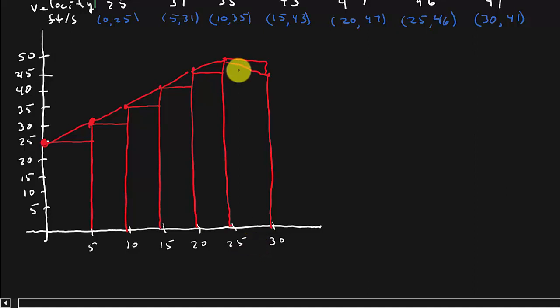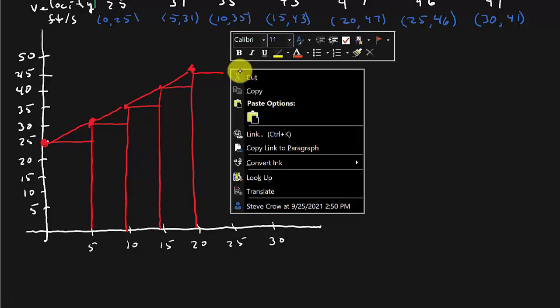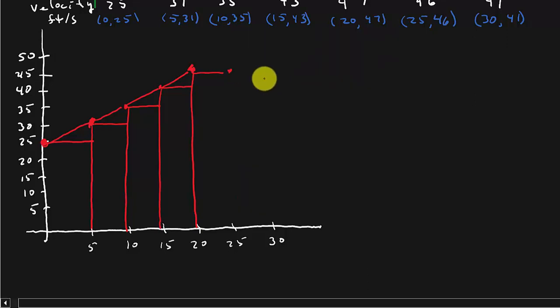Well, actually the 25, this point right here should be up a little bit higher than this point. This point ought to be a little bit lower. And then here we're down here at 41.